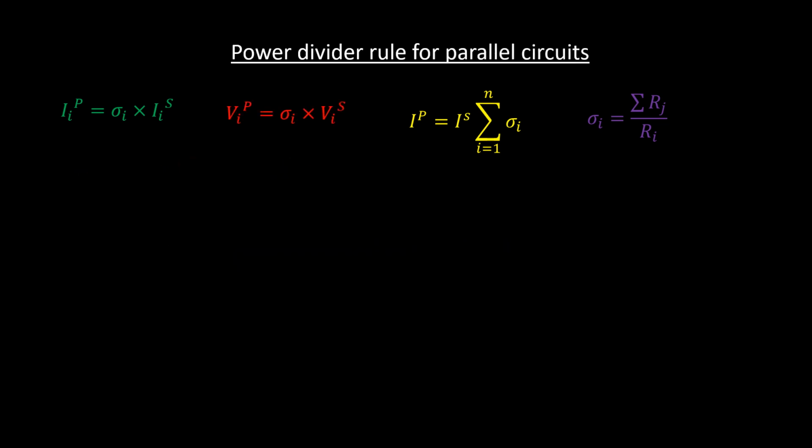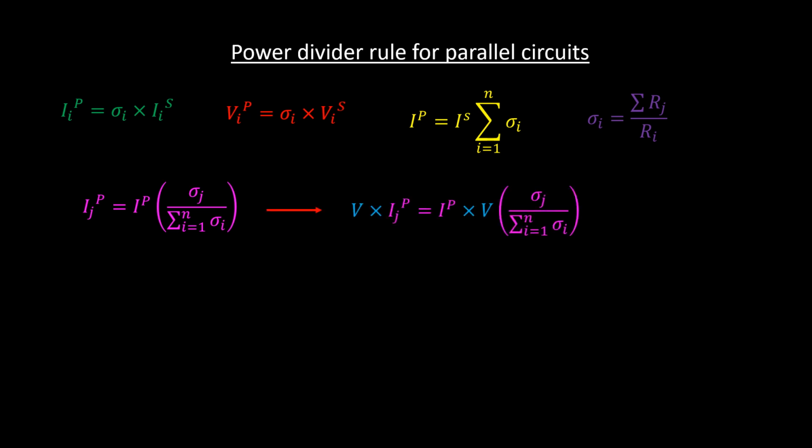To get the equation of the power divider rule for parallel circuits, we use the equation for the current divider rule we derived earlier. Multiplying both sides of this equation by V, the supply voltage, we have this.